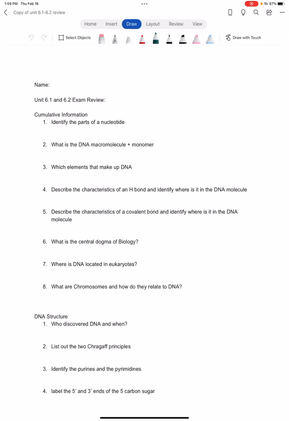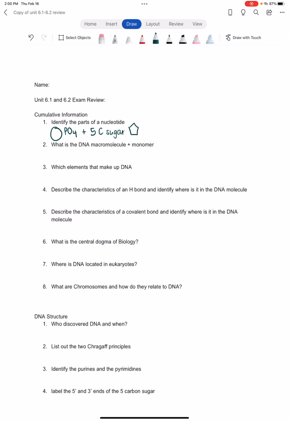We have our phosphate group, which is usually a circle, and that is made of phosphorus and 4 oxygen. And then we have our 5 carbon sugar, which is our pentagon.